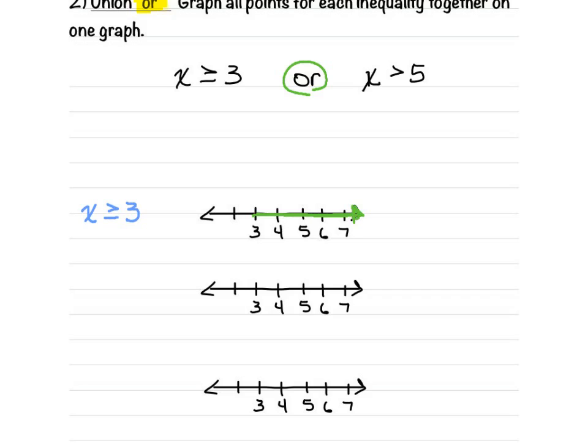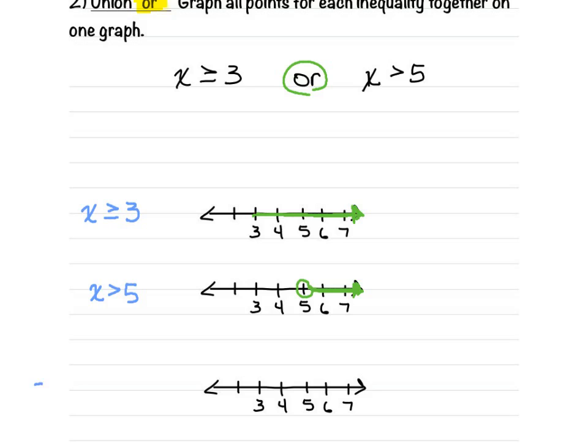If I were to graph x is greater than 5, then I would have an open circle on 5, and I would shade everything to the right. Because it's a union, I'm uniting both of these graphs together. I want to include all of the solutions from one inequality as well as all of the solutions from the other inequality.